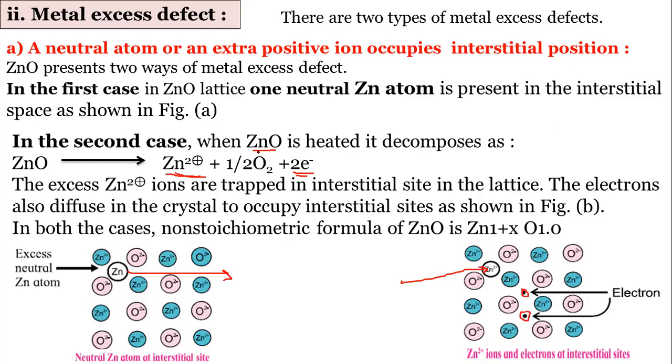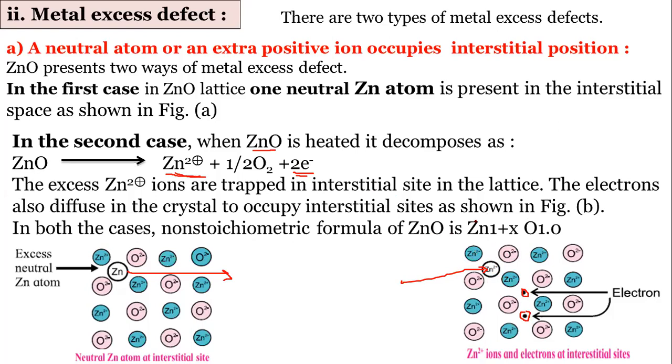So when zinc oxide is heated, it decomposes to Zn2+ and 2 electrons. The excess Zn2+ is trapped at the interstitial site of the lattice, and the electrons also occupy the interstitial position.